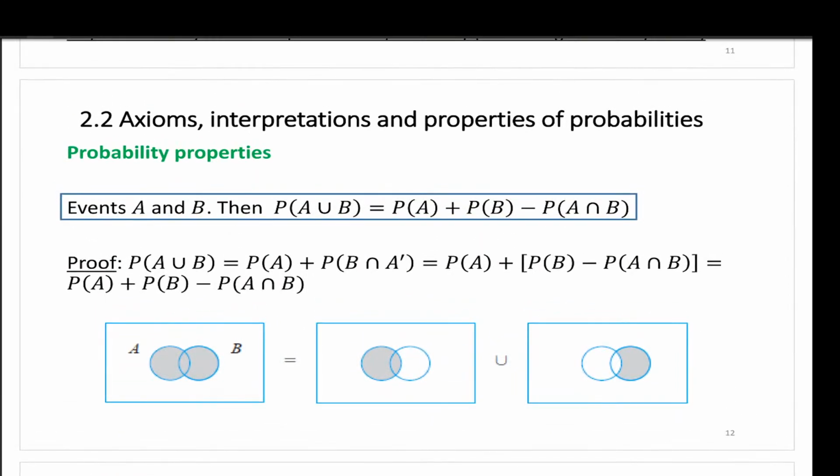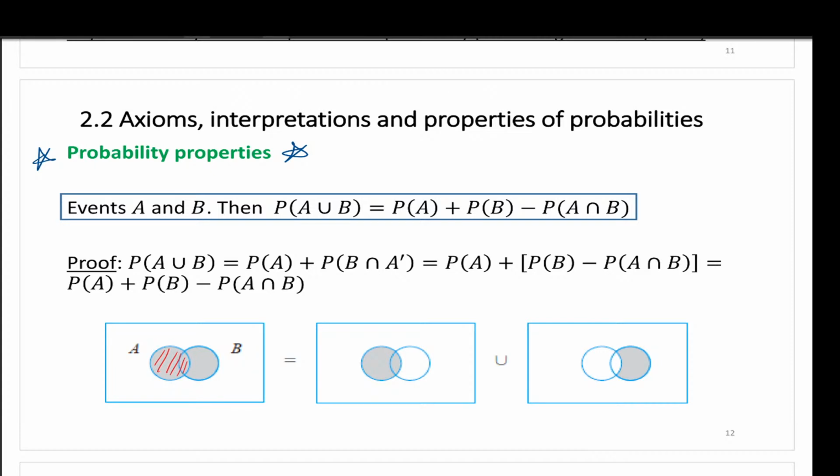Now, probability of a union. This is also extremely important. This is another extremely important property of probability. The probability of A union B is equal to the probability of A plus the probability of B minus the probability of the intersection. So think about it. If I take the probability of A, that's everything here.